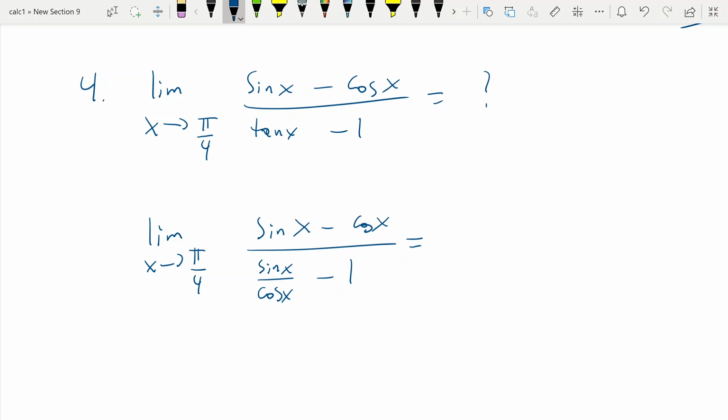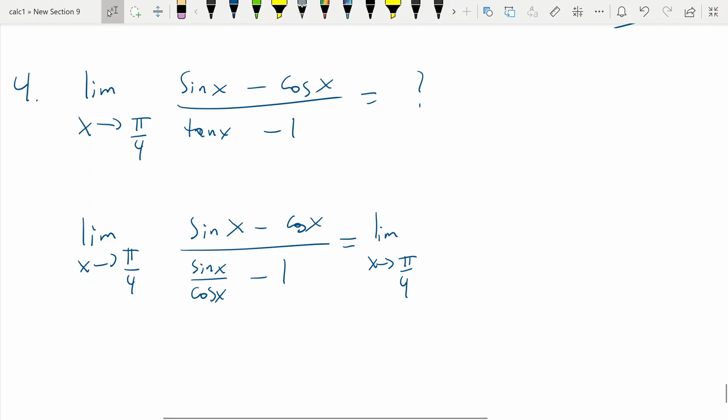So we need to do something to get rid of that problem. And so you can either factor by cosine on the top, which is what we're going to do, or manipulate the bottom. So here I'm going to take a common factor of cosine.